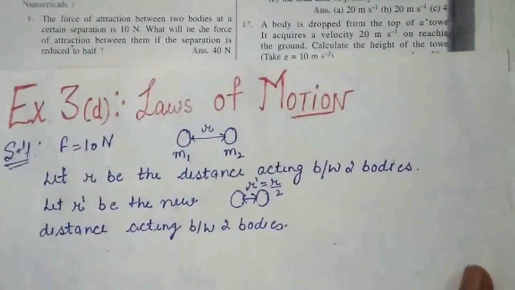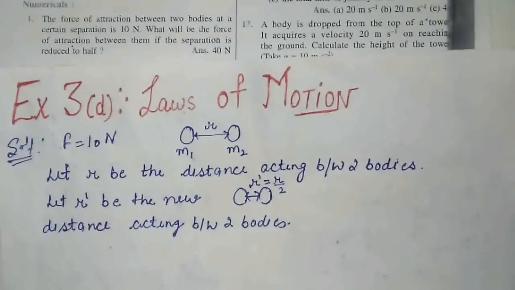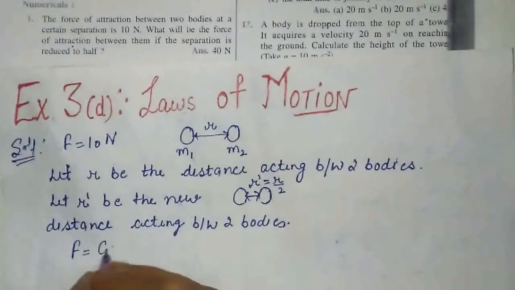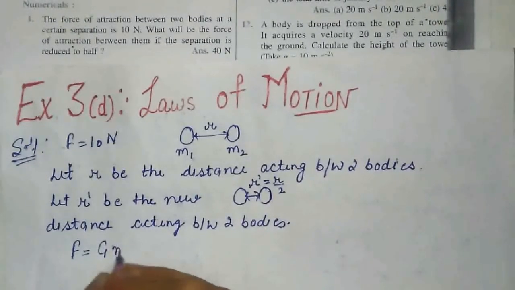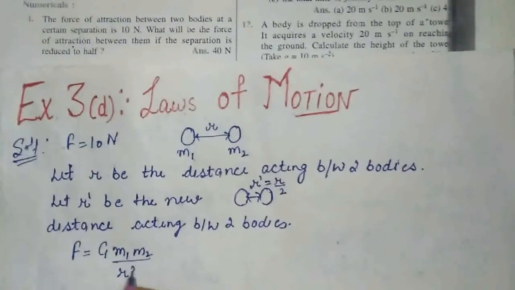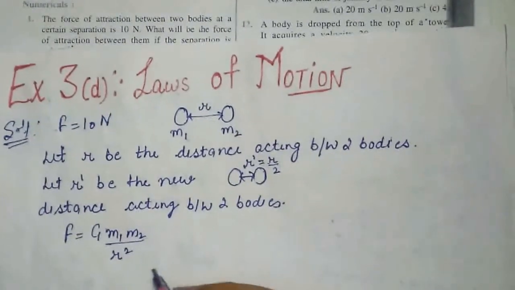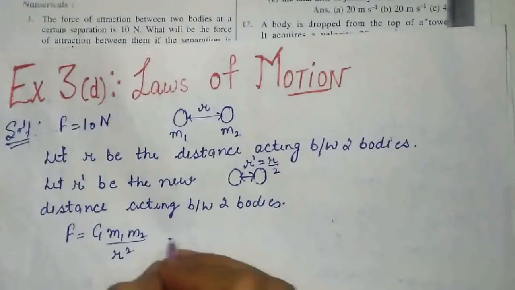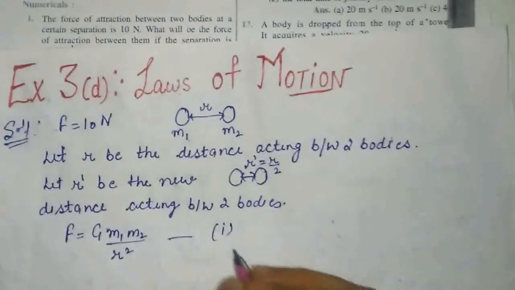So you all know the law of gravitation: force is equal to capital G, product of masses, divided by the square of the separation distance. Consider it equation number 1.